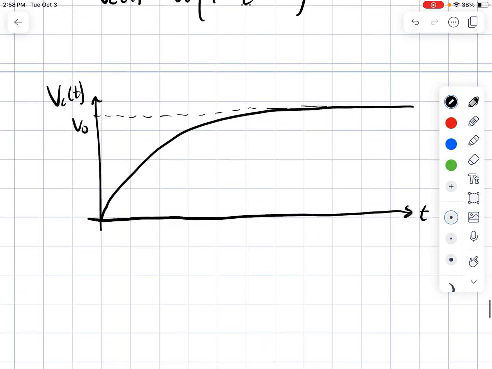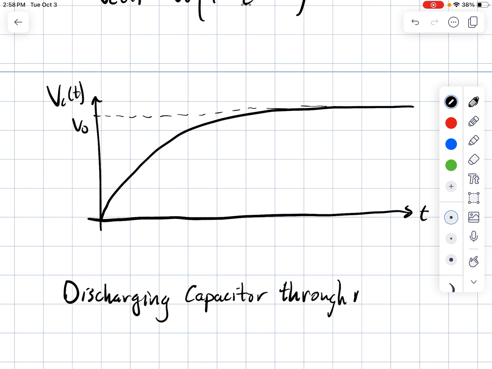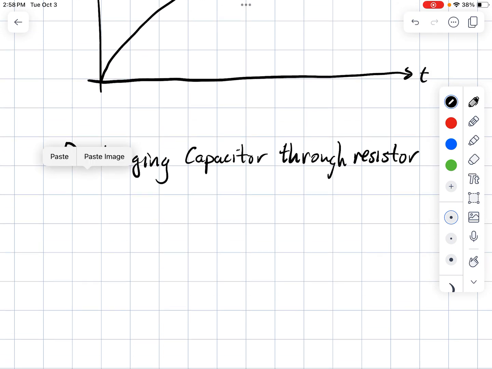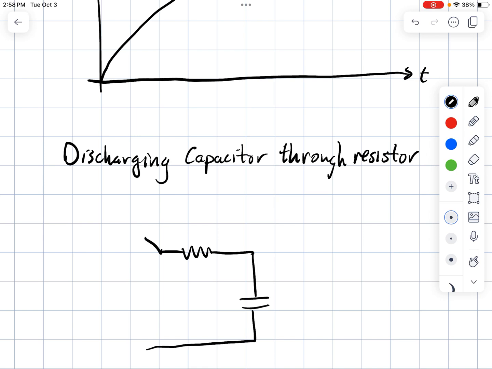We didn't do it, but if we were to solve a discharging capacitor, so if we were to discharge a capacitor through a resistor, that circuit might look like the following. Maybe we have our resistor and our capacitor, and this time we get rid of the battery.